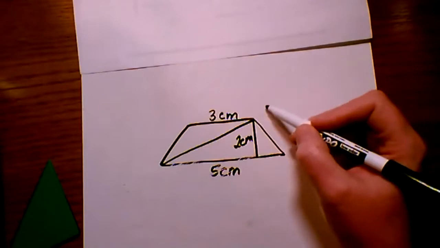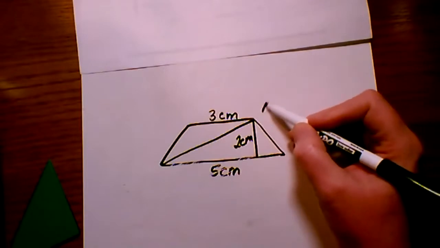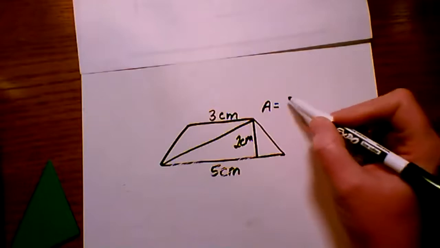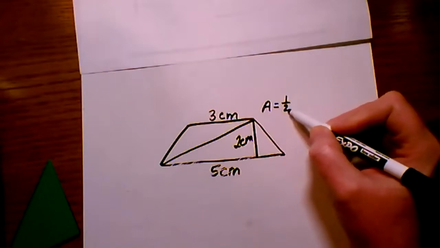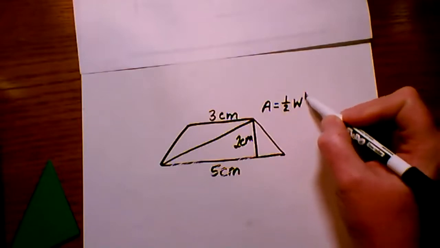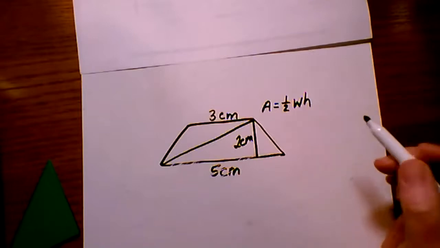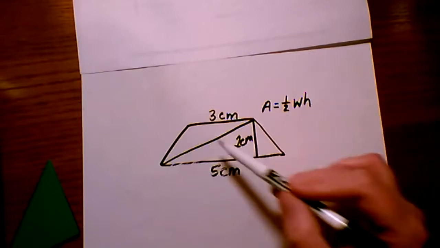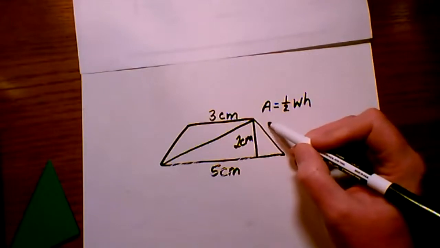So what is the formula for the area of a triangle? The area of a triangle is A equals 1/2 width times height. And since we have 2 triangles, we're going to combine that.